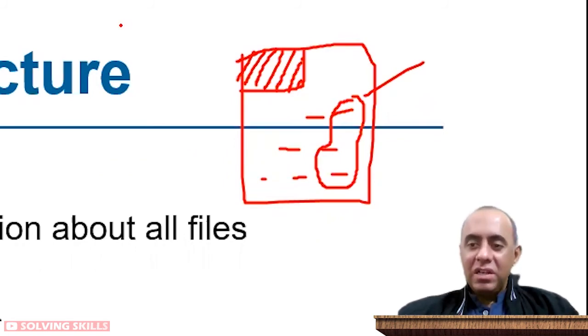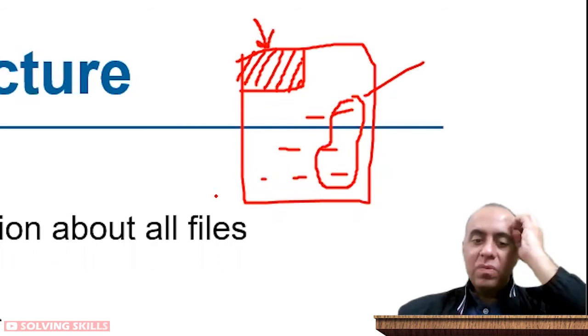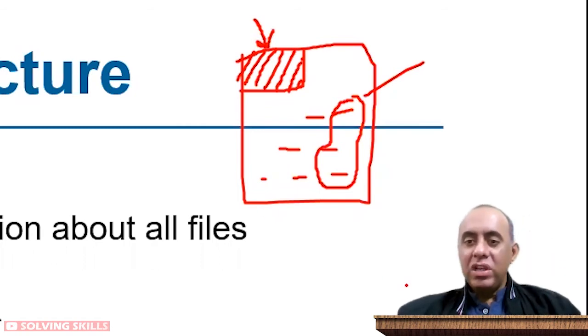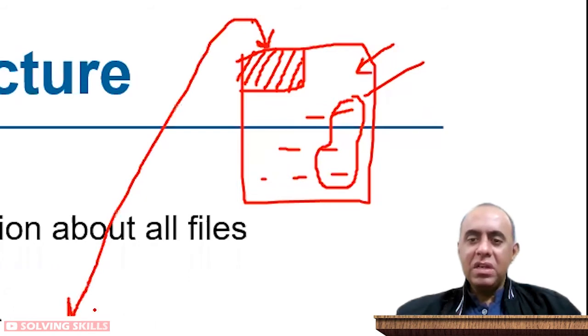So where did the 30 gigabytes go? That 30 gigabytes actually went to the directory structure, right? Because it is storing the information about the 970 gigabytes of these blocks, that will be called the directory structure.